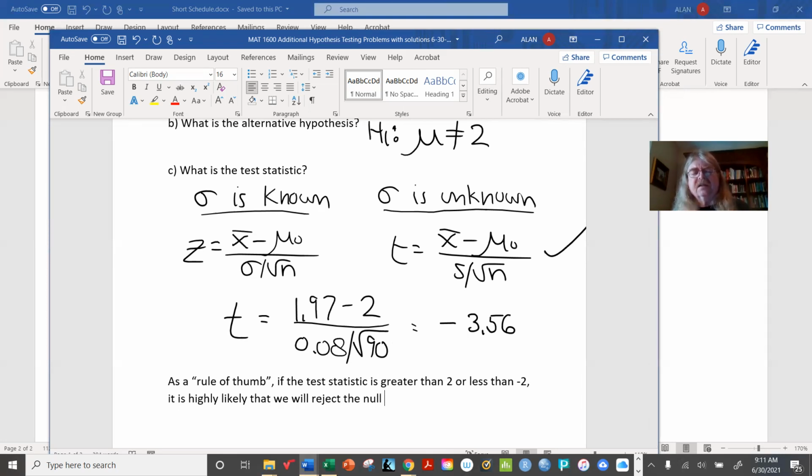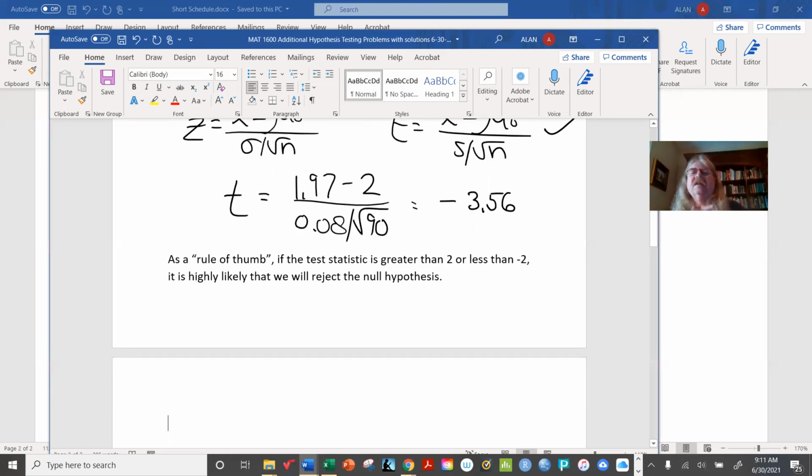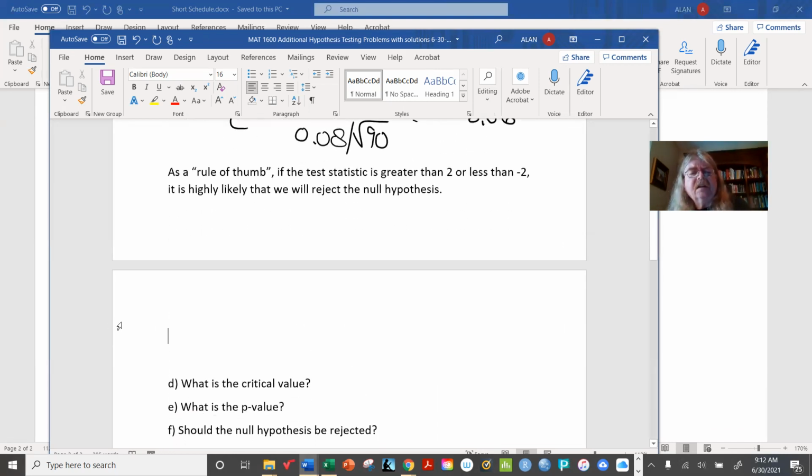It doesn't prove anything. It's not enough by itself, but it's very suggestive. So here with -3.56, that tells us that there's a very strong chance that we're going to reject the null. And that's trouble for Pepsi because that means that the bottles are not being filled correctly. But let's prove it. Let's calculate the critical value.